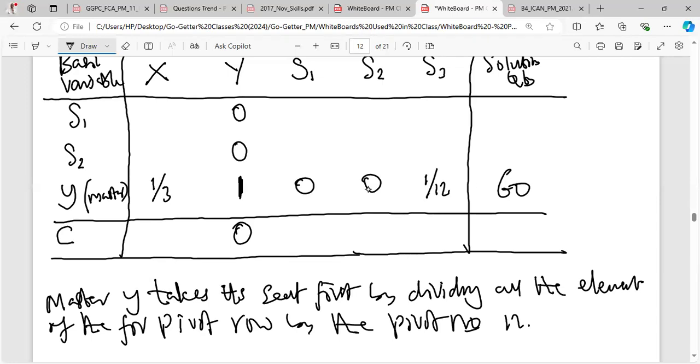Now, after Y has taken its seat, all the others can take their seat. We must arrange them in such a way that here, here, and here must be 0.